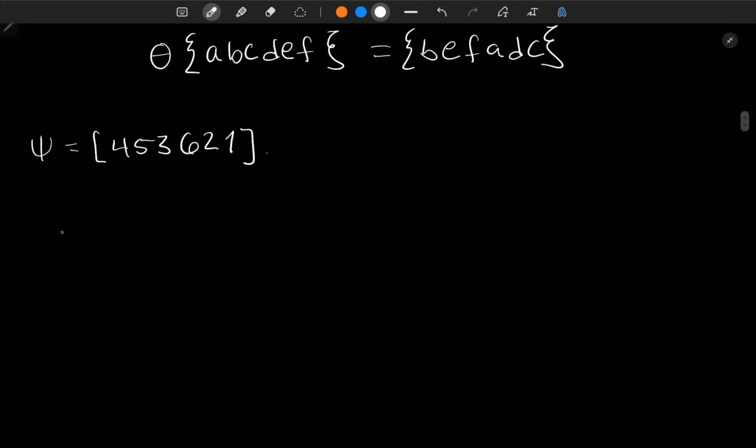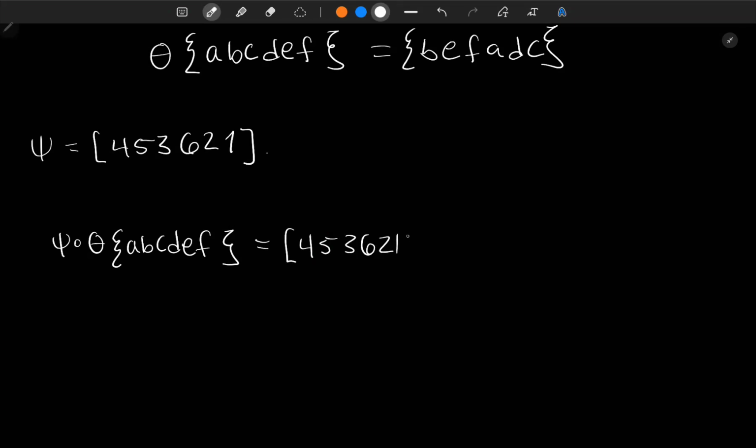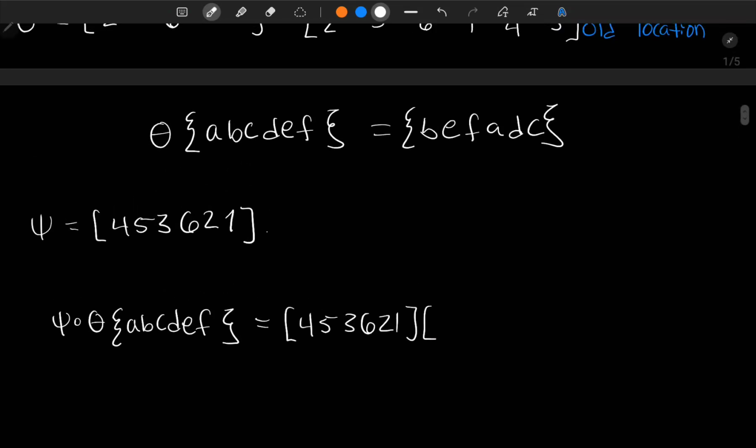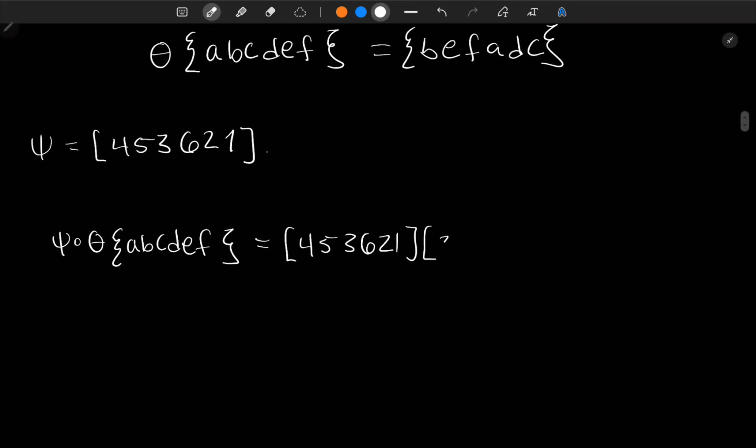Then we say that psi composed with theta acting on A, B, C, D, E, F, well, that's equal to 4, 5, 3, 6, 2, 1, composed with theta, which is 2, 5, 6, 1, 4, 3, and that's acting on A, B, C, D, E, F.